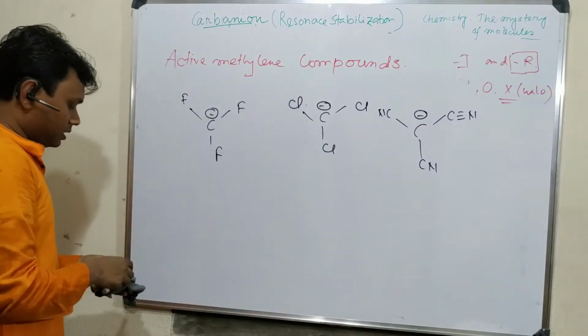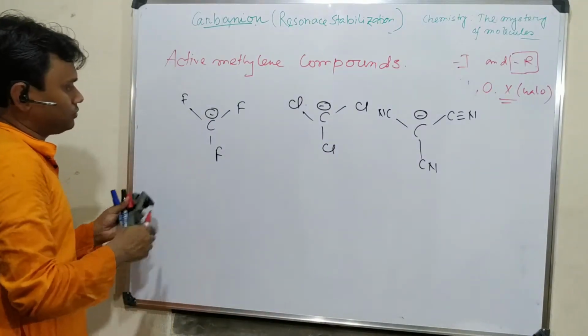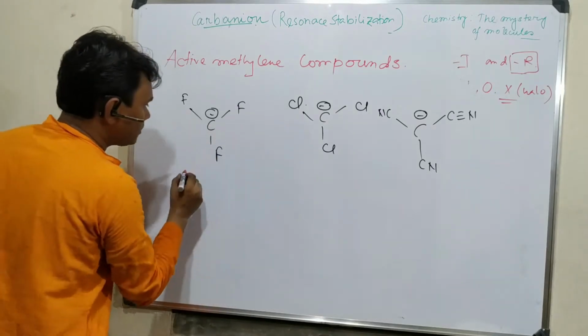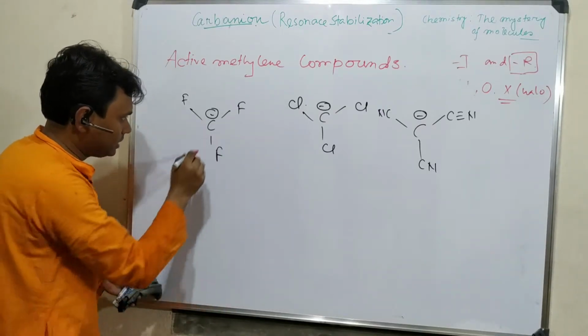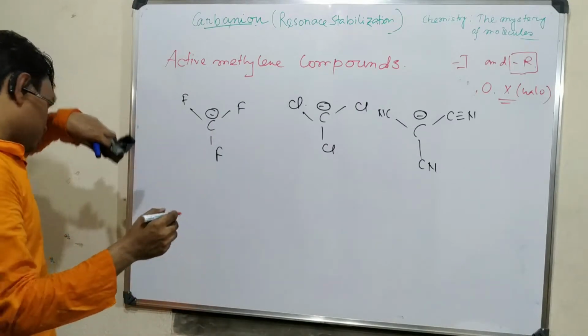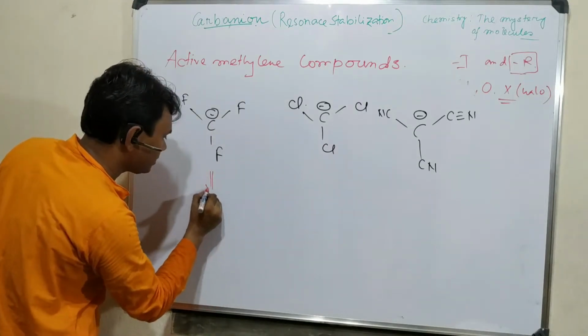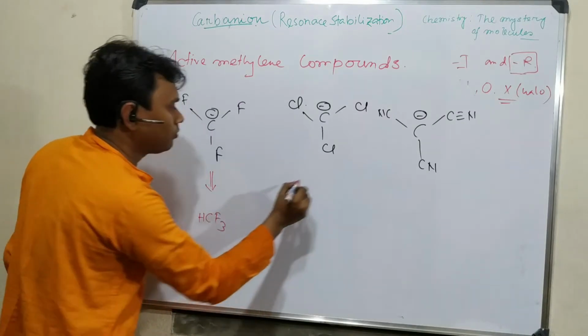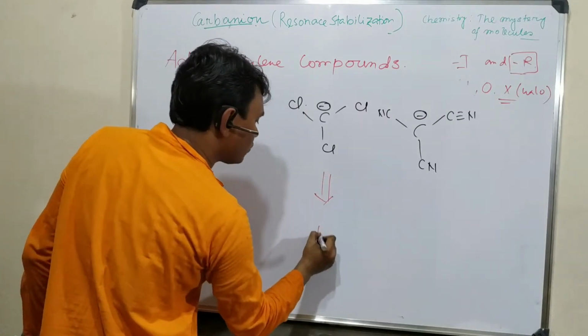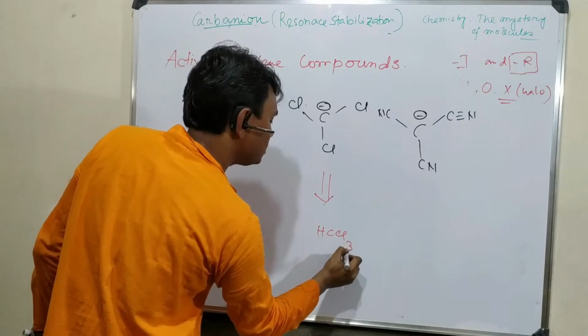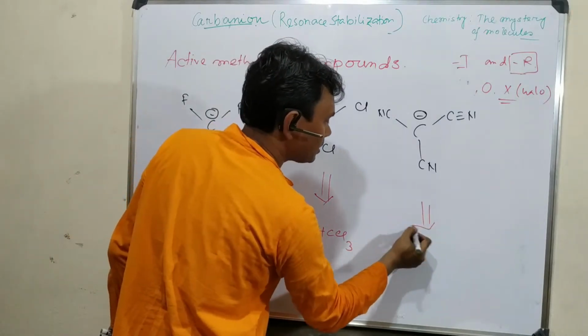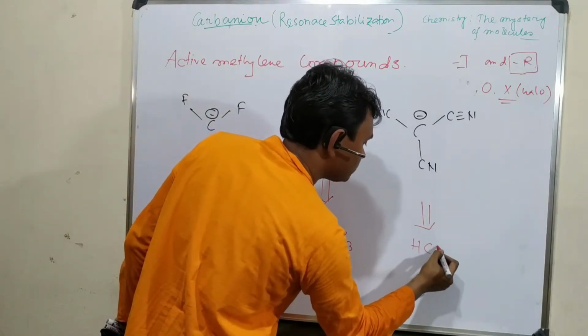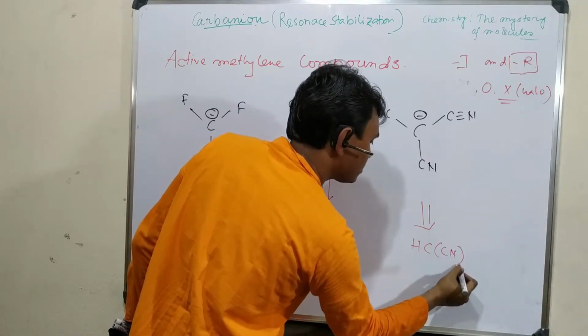First, if we check the pKa value, this material is generated from the corresponding HCF3, fluoroform. This is from chloroform, HCCl3, and this is generated from cyanoform, HC(CN)3.